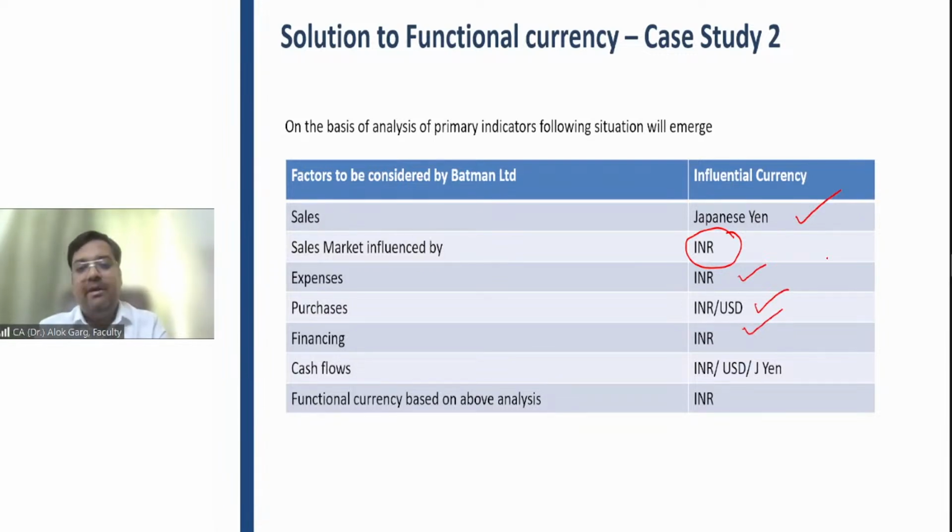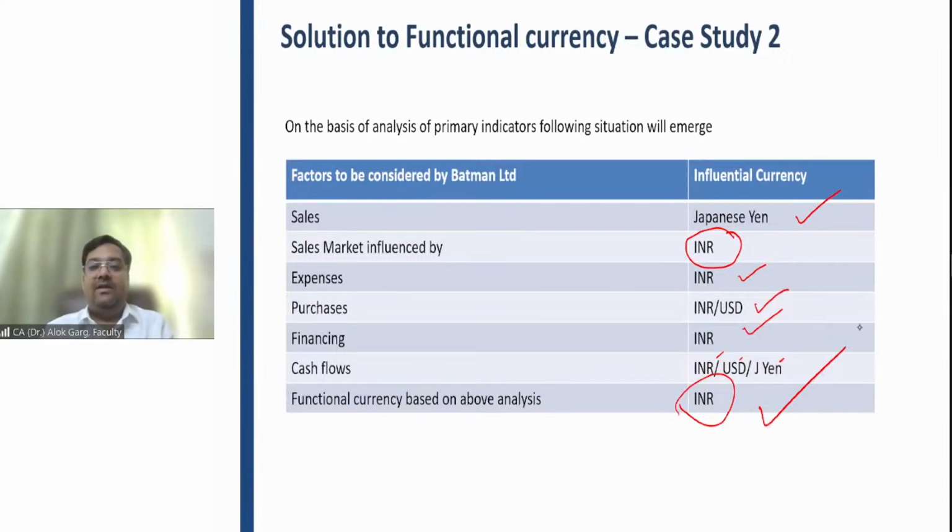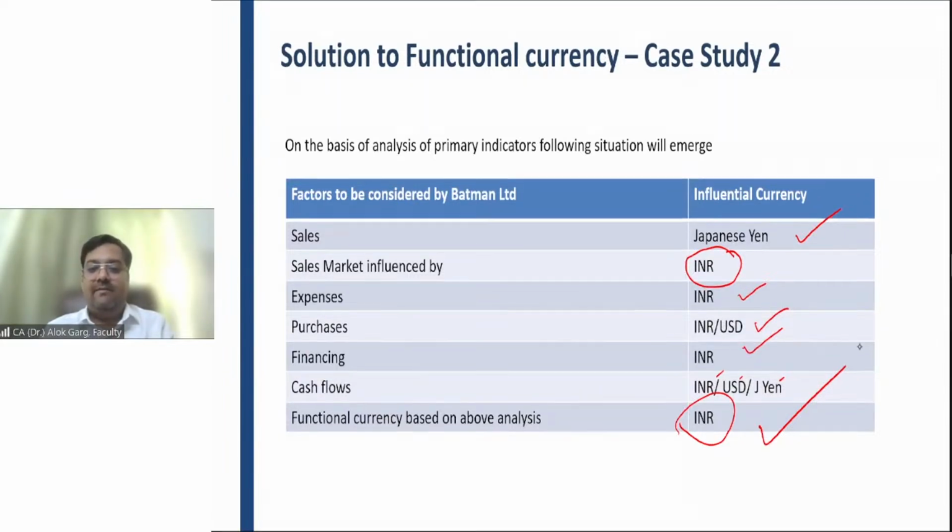The cash flow may be maintained in INR, US dollar or Japanese yen, maybe, right? So we are not aware. You can see the most common answer which is given by all the factors is INR. So INR is the functional currency. Please let me know if you have any concern, any issue in this case.